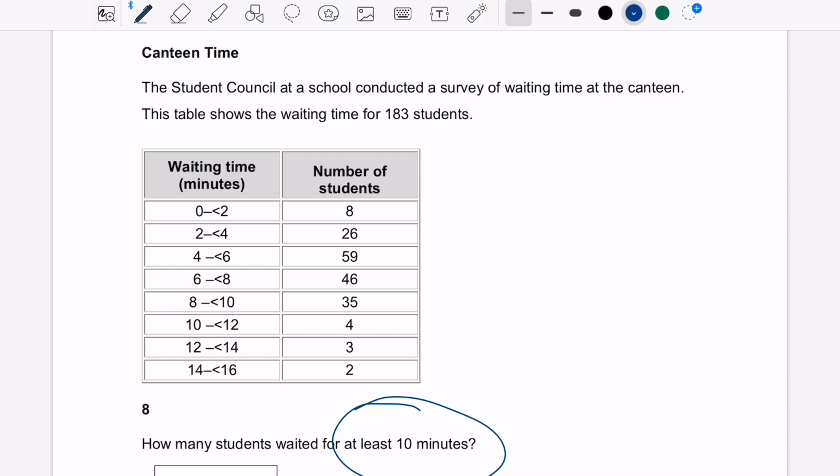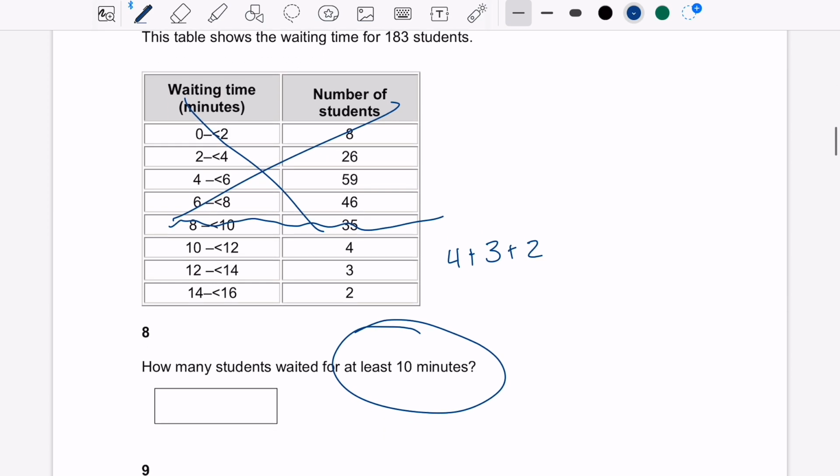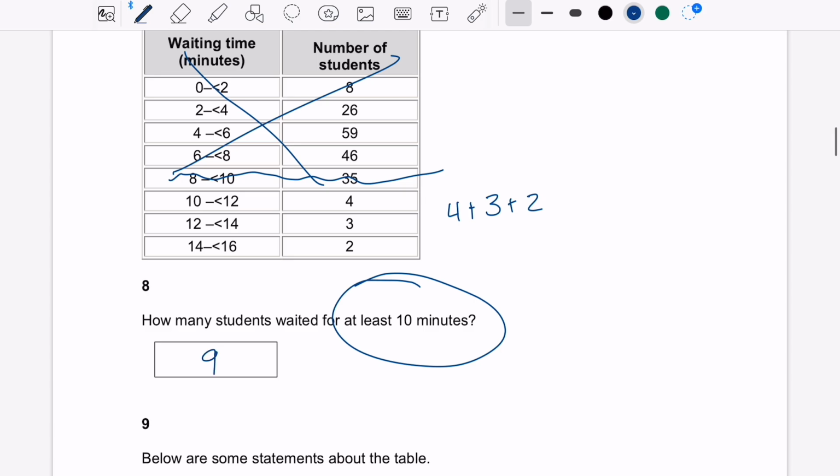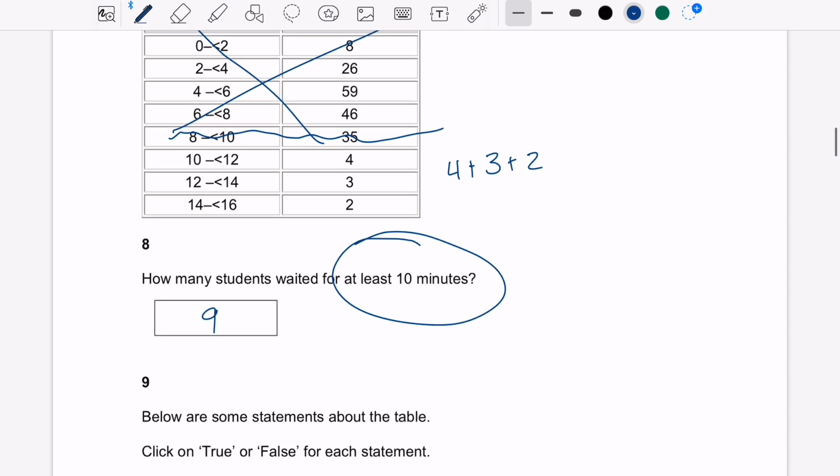So they're not going to be counted. No one else is going to be counted either because they're not at least 10. These people, 10 and more, are at least 10. So we have 4 plus 3 plus 2. It's going to be 9. Use a calculator if you want to.